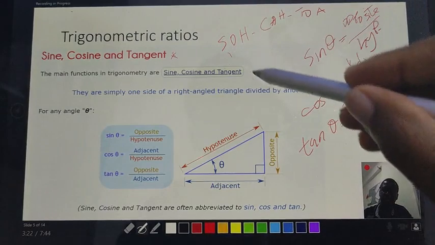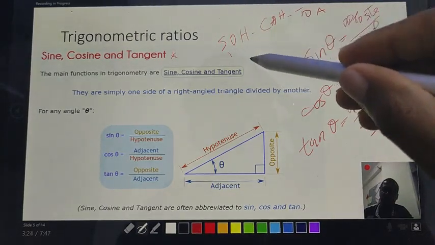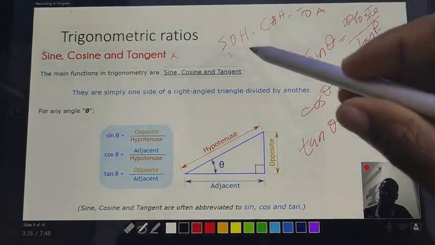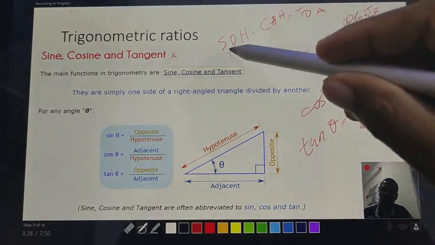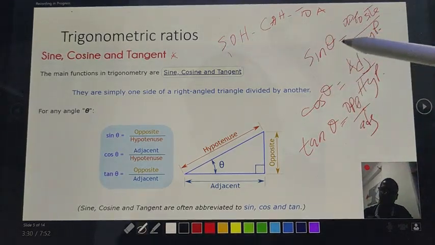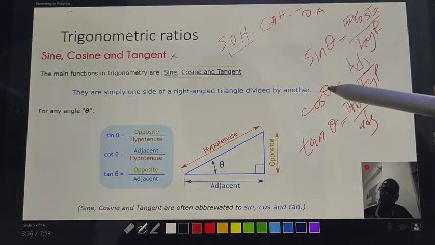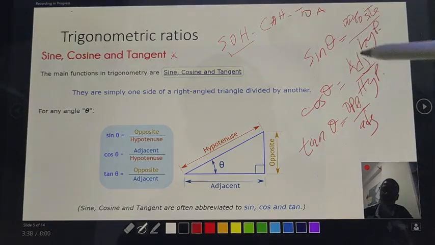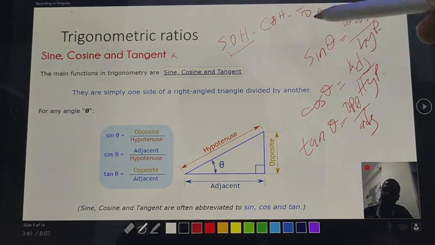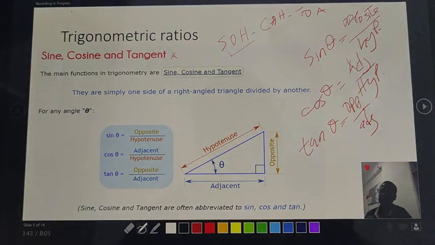S meaning sine, O meaning opposite, H meaning hypotenuse. So you'll see sine theta is equal to opposite over hypotenuse. Cos theta is equal to adjacent over hypotenuse. Just like that. That's just a simple way on how you can remember these trigonometric ratios.